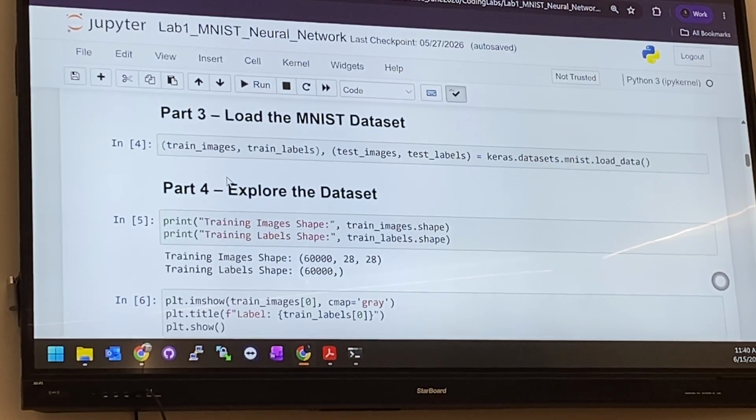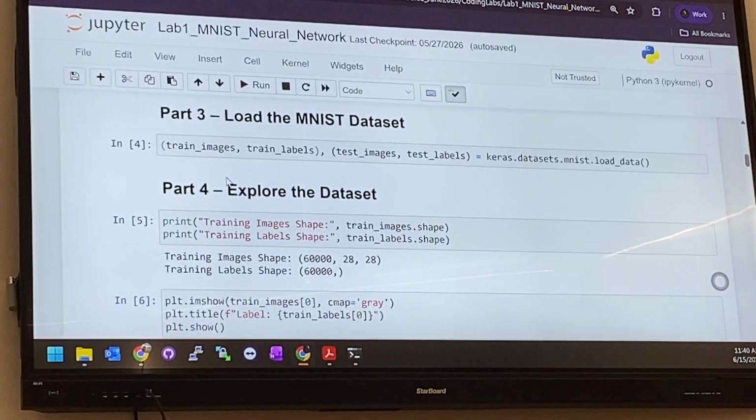So you see, only for the training we have two different data sets. You have to see the shape of the data set. What is the definition of a data set?